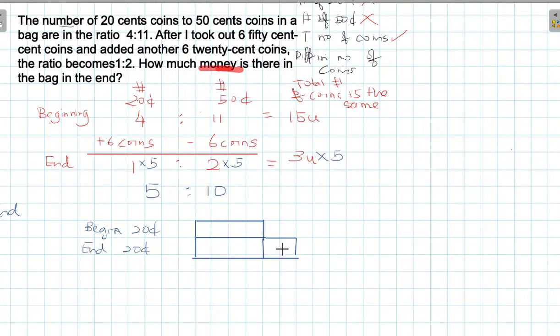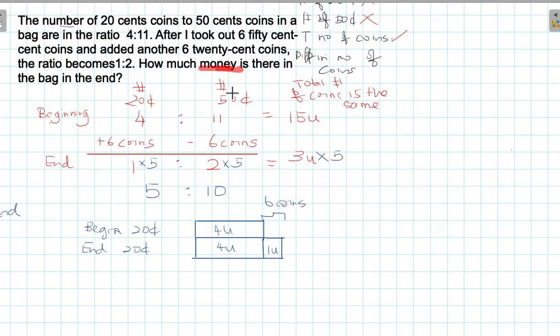Okay, maybe I don't want to confuse you. So 4 units. In the end, I have 5 units. And then this 1 unit is because of what? Because I add in 6 coins. So 1 unit is 6 coins.